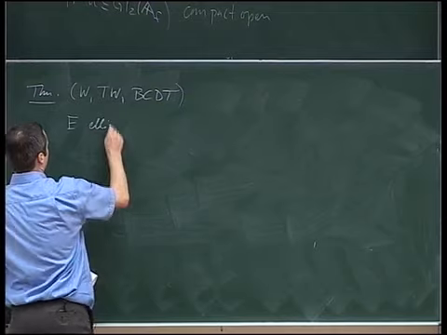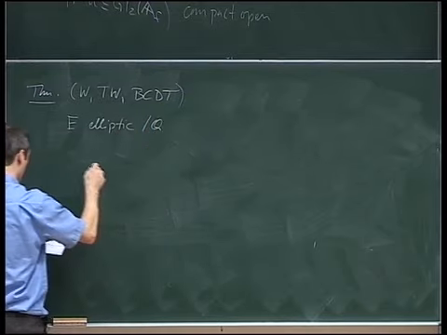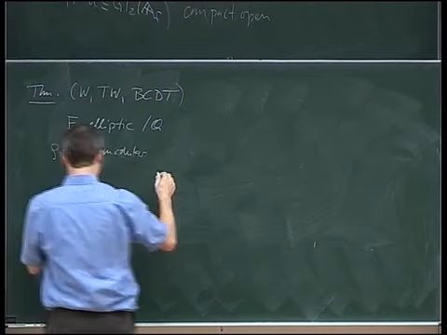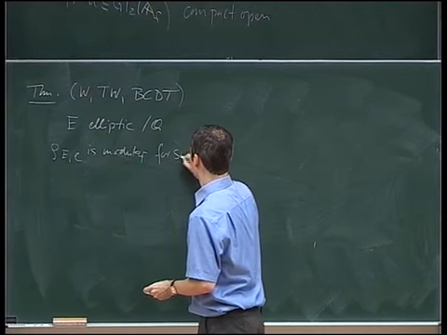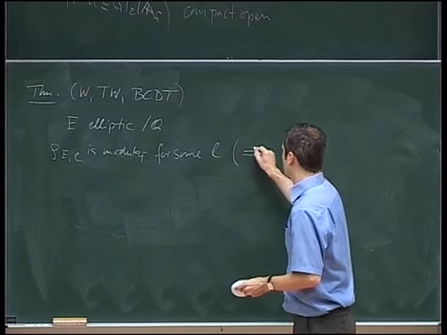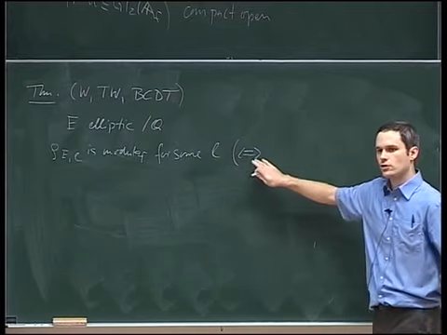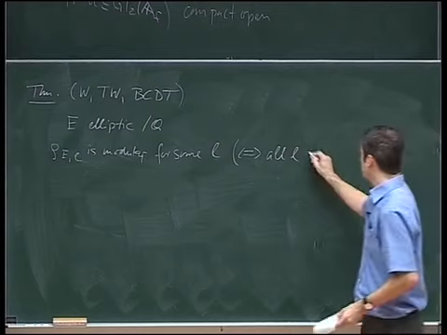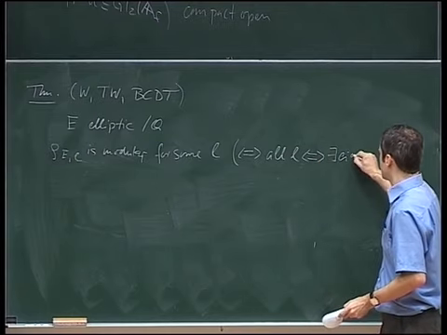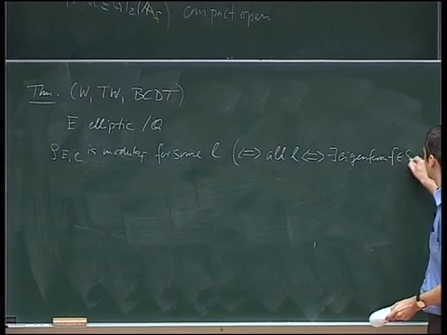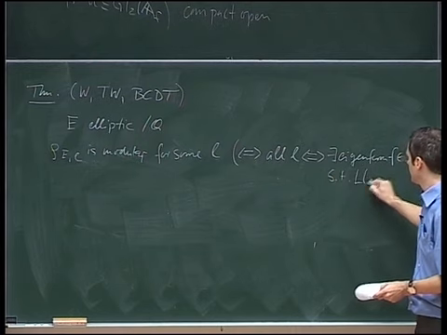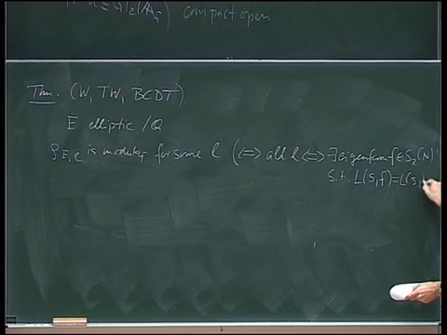That says that if I take an elliptic curve over Q, then rho E,L is modular for some L, which in fact, one can show, is equivalent to having modularity for all primes L, and is equivalent to the existence of an eigenform f of weight 2 and some level such that the L-functions of the eigenform and the elliptic curve match.